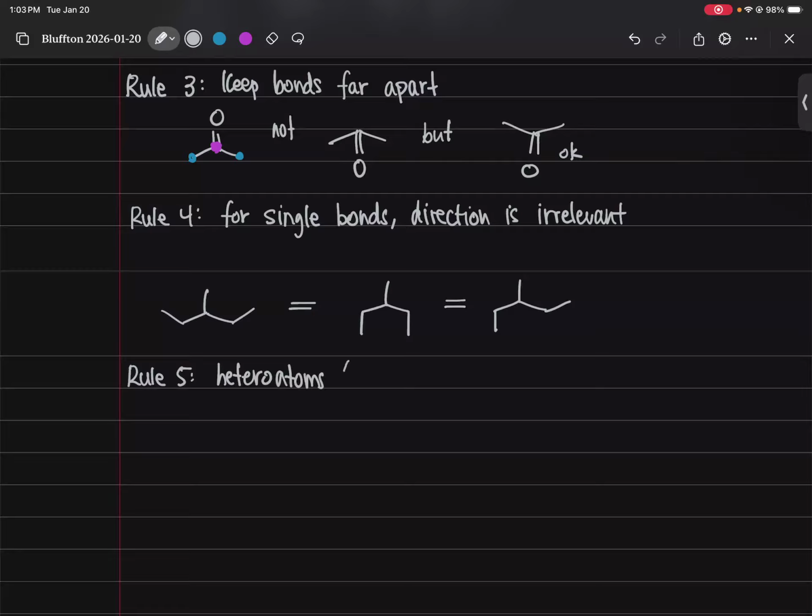Heteroatoms, so those are non-carbon and non-hydrogen atoms: nitrogen, oxygen, sulfur, halogens.